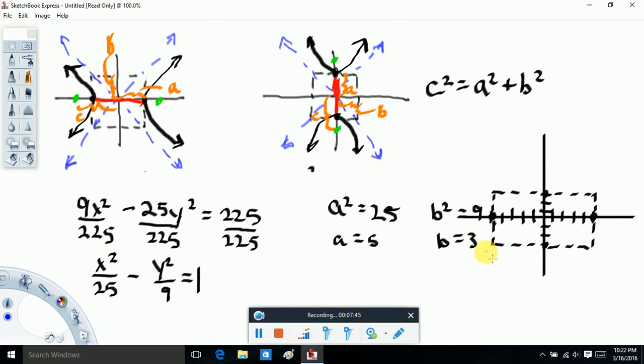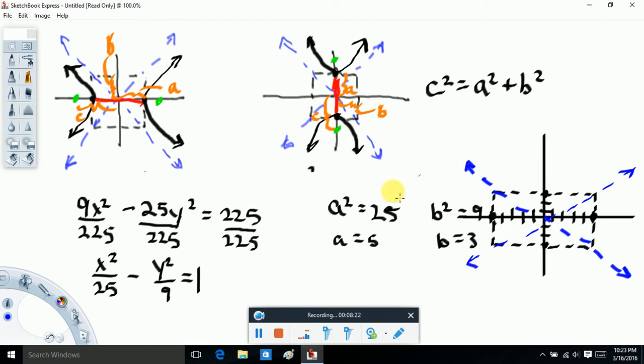The asymptotes are going to go along this line here, passing through the origin and diagonal, and through the other diagonal with a negative slope. So this one has a positive slope, and this one right here has a negative slope.